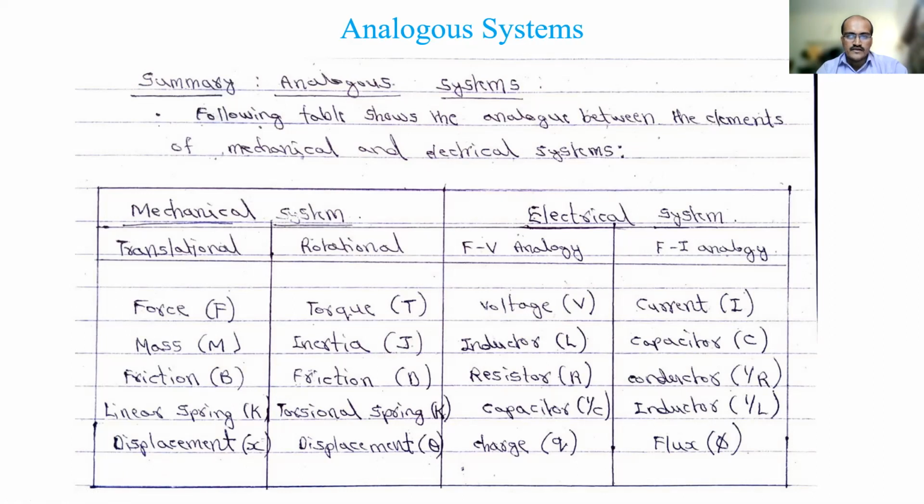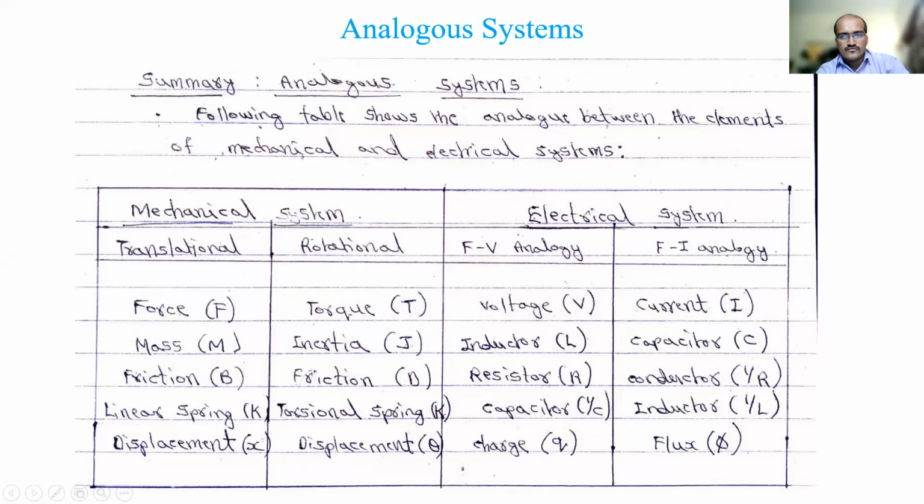A small rope they connect also adjusts, and that is called spring action. So that spring is the element here. In rotational systems, we call it a torsional spring. In the FV analogy it is replaced by a capacitor, 1 by C. In the FI analogy, we replace it by an inductor as 1 by L.